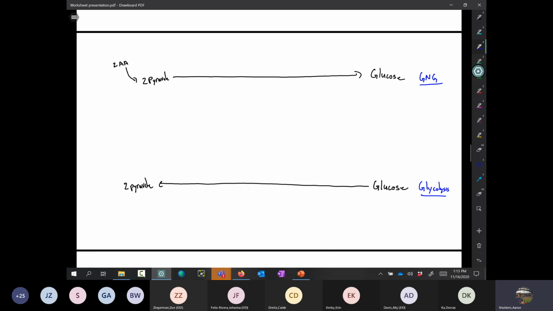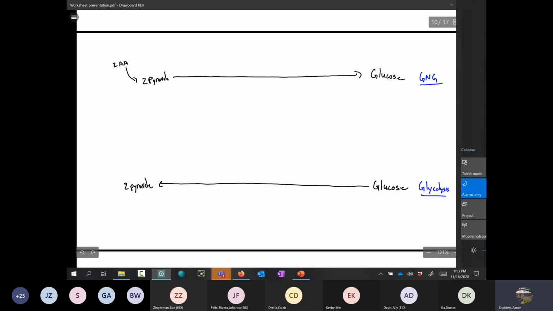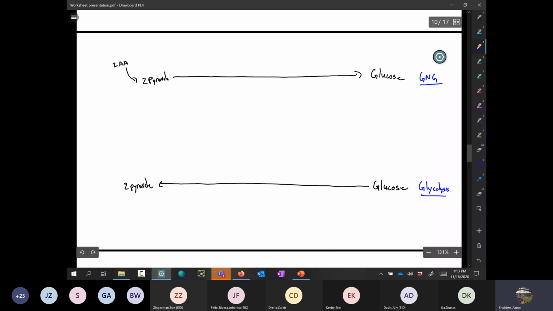And so we're going to see that insulin is going to positively regulate that, whereas glucagon is going to positively regulate that.